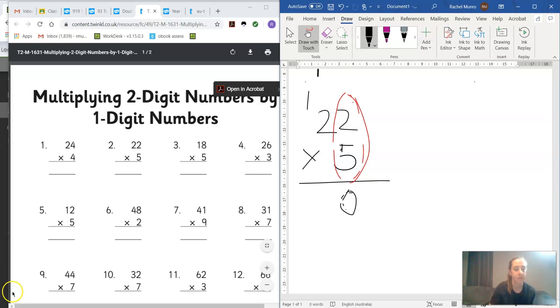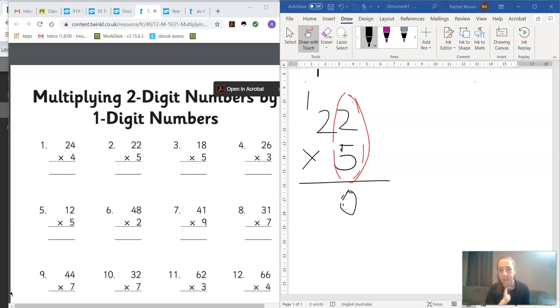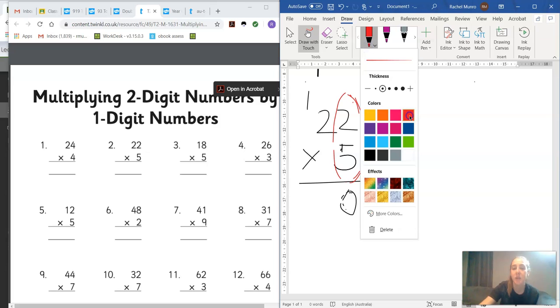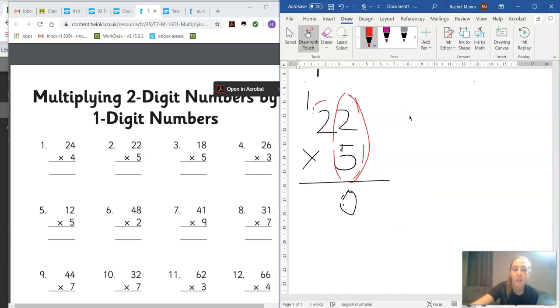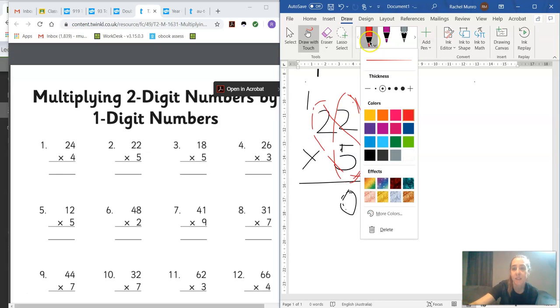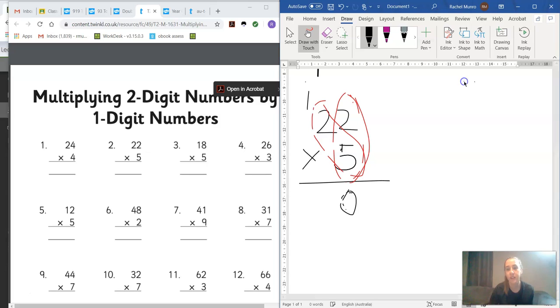After I've put down my 0, because I've got no ones now from that answer, and I carry over my 1 into my tens, my next step is I need to multiply my 2 times my 5. So 2 times 5 again is 10, plus I need to add on this 1 that I've carried over. So 10 plus 1 gives me 11. So I put down my 11.